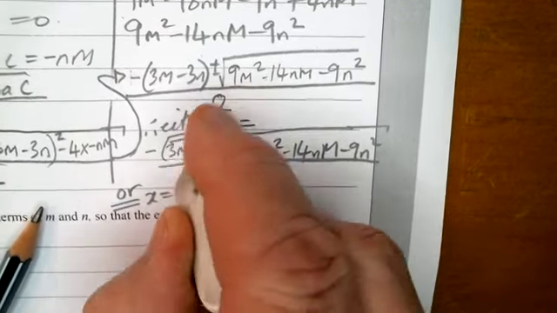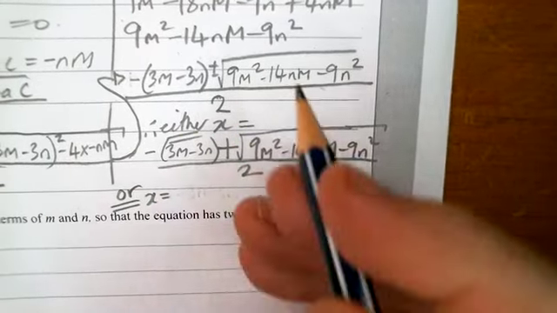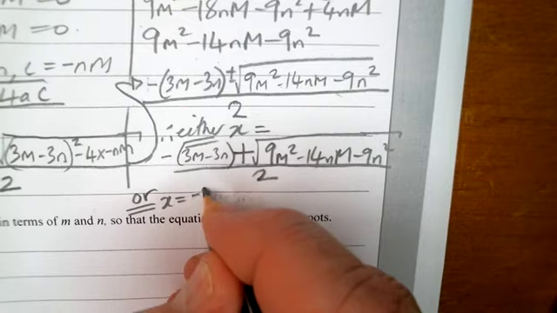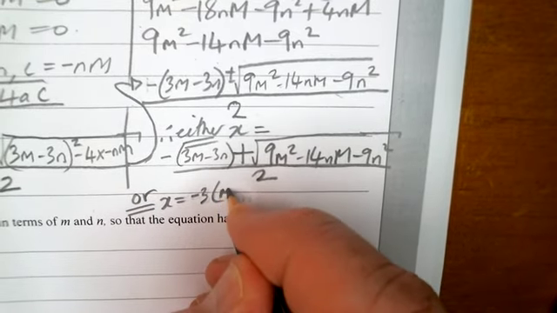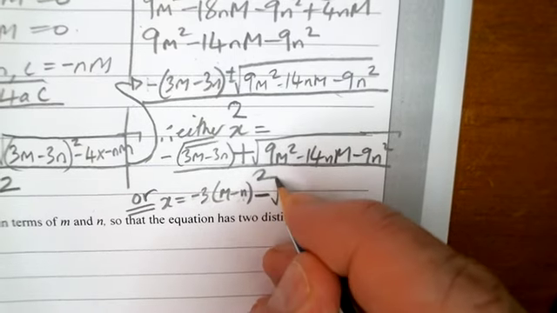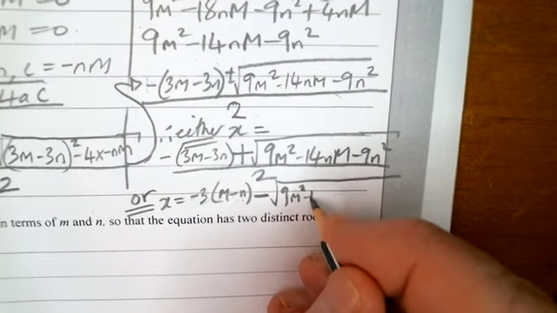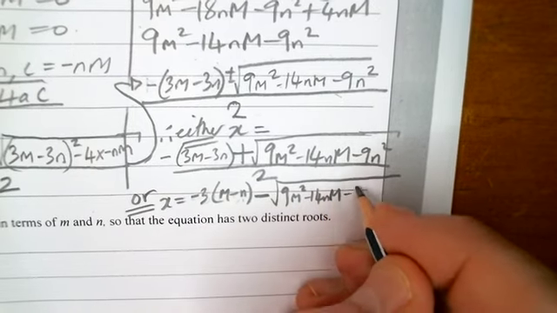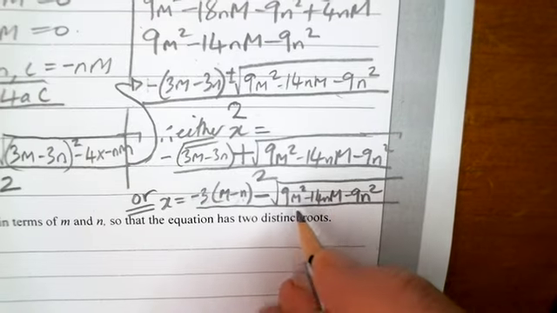So yes, I would keep it in the brackets. I would go back to the original we've got here, which is minus 3m... we're going to get m minus n. m minus n makes a lot of sense. Then we're going to say minus, and then we have all of this again, which is 9m squared minus 14nm minus 9n squared, all over 2.